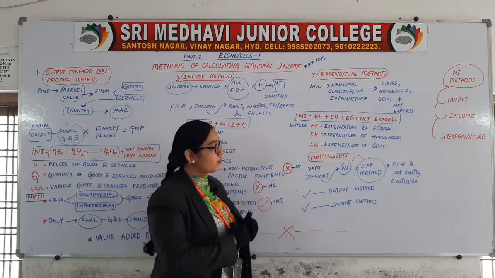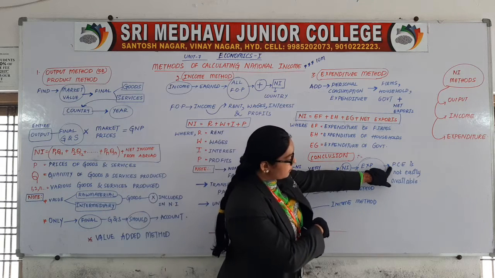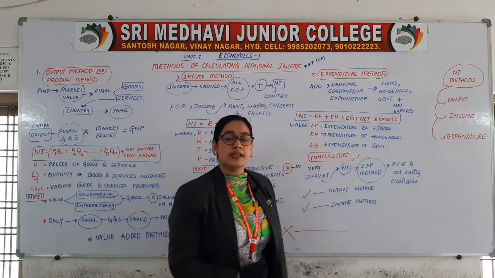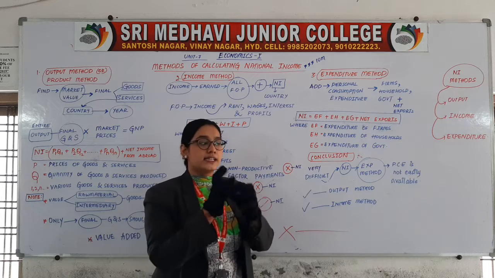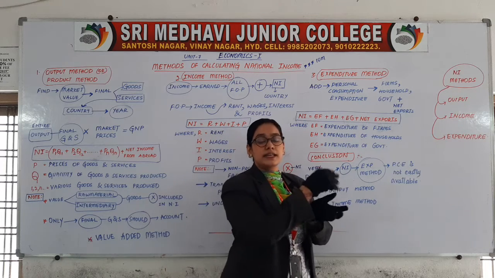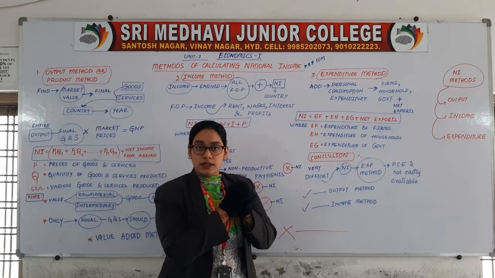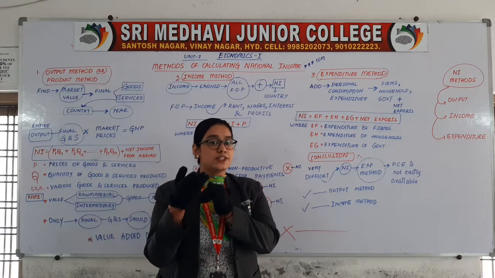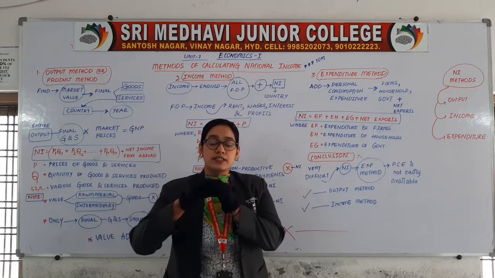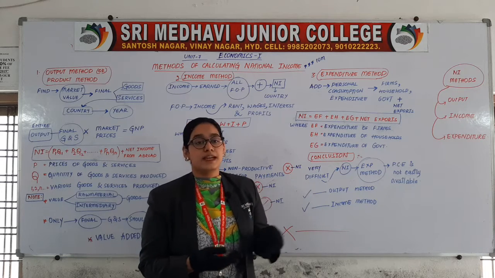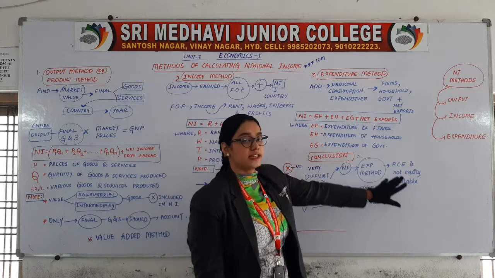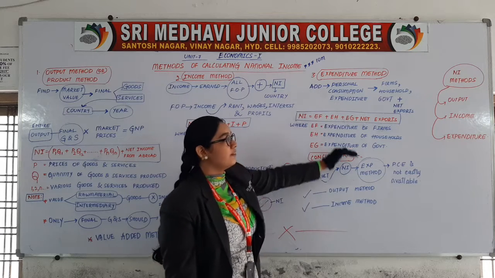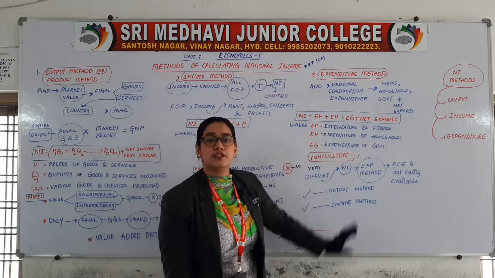Why? Because it is much more difficult to get personal consumption expenditure. I cannot say the expenditure of my neighbor is this much on consumption. I cannot say my relatives' consumption expenditure will be this much. So it is very difficult to estimate the personal consumption expenditure, and so it is very difficult to use the expenditure method.